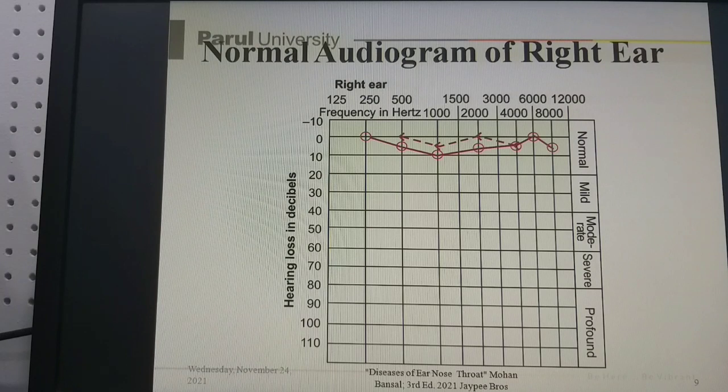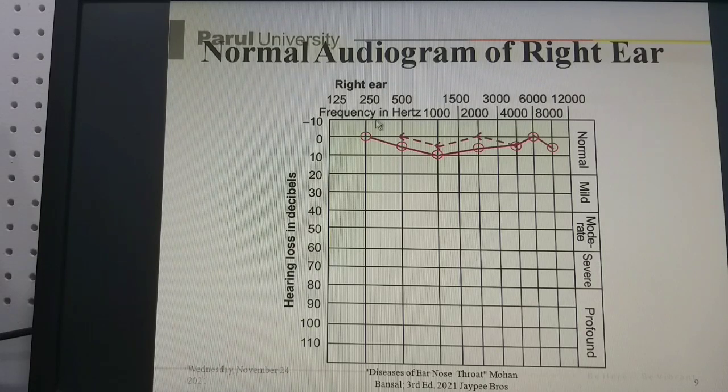On the horizontal axis, you can see the frequency, and the unit of frequency is hertz, displayed as Hz. The frequency begins from 125, 250, 500, 1000, 2000, 4000, 8000. Usually we take the graph up to 8000 frequency, but in some of the new audiometers, there is a facility to go for higher frequencies.